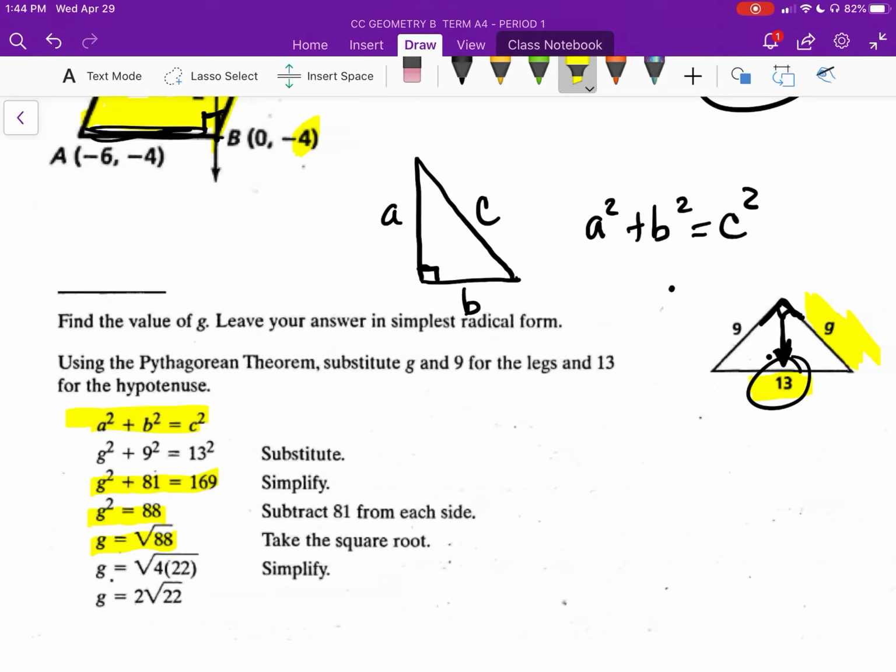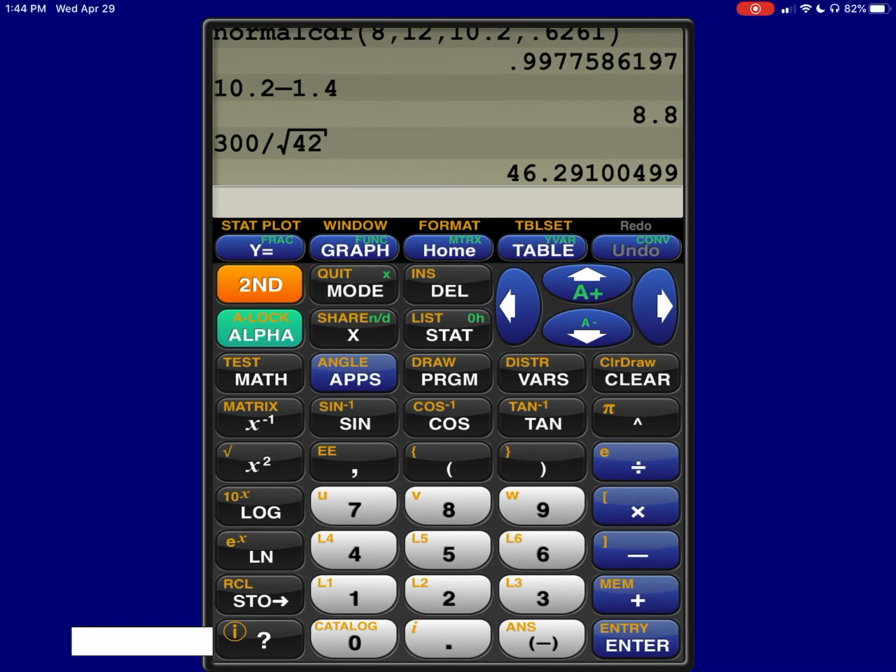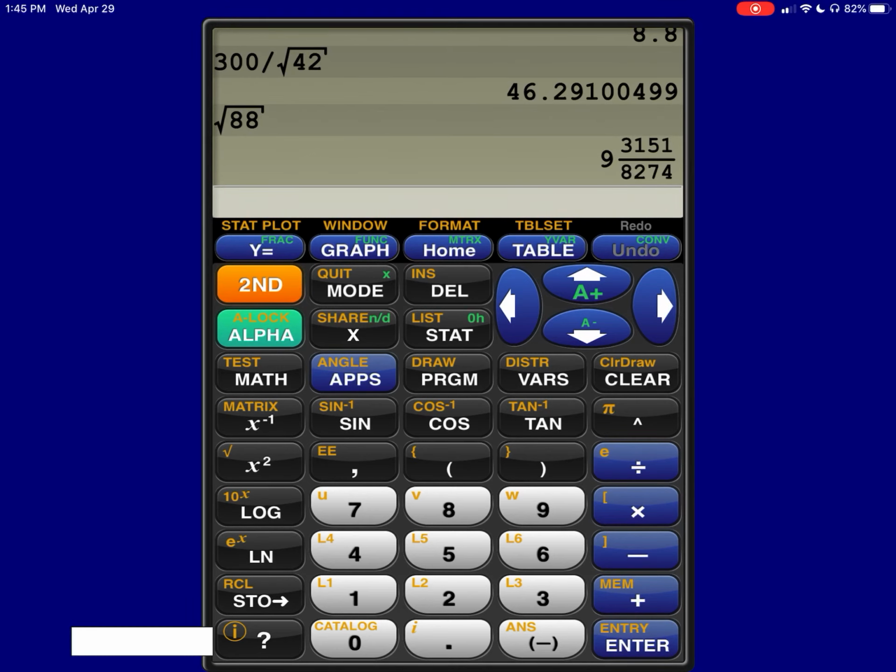So if we convert that to a decimal, I'm going to go to our calculator. So go to our calculator here. And we're going to use second square root, and we're going to put in 88 and enter. And we get 9 and this crazy fraction. So basically, we're going to say 9 and 3/8.